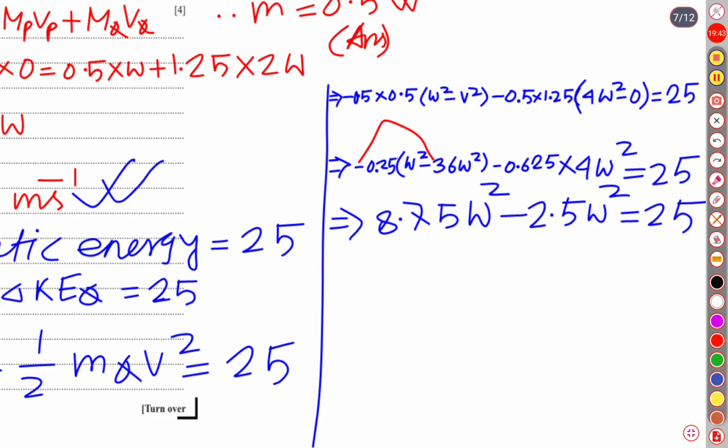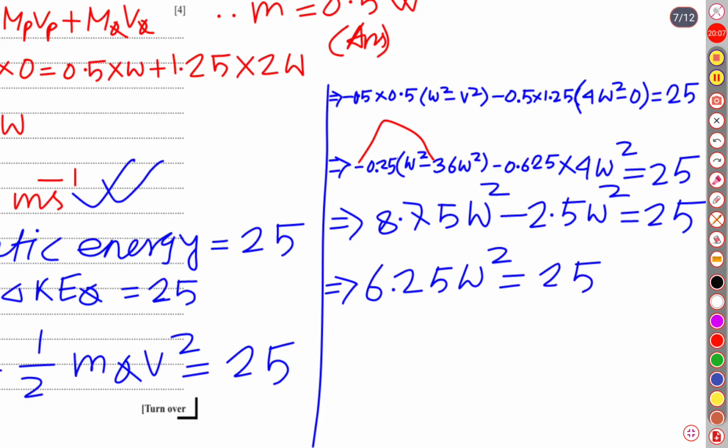Now from 8.75, if we subtract 2.5, it is going to be 6.25 w square is equal to 25.